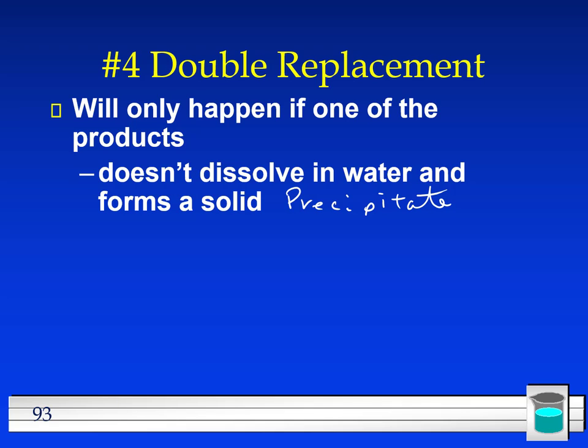Because if you make a solid in an aqueous solution, that solid is going to sink to the bottom. So it's going to fall down out of the solution, which is what precipitation does out of the sky. It falls down. Precipitation falls out of the sky, precipitates settle to the bottom. It's the reason why we can put a downward arrow for a product.